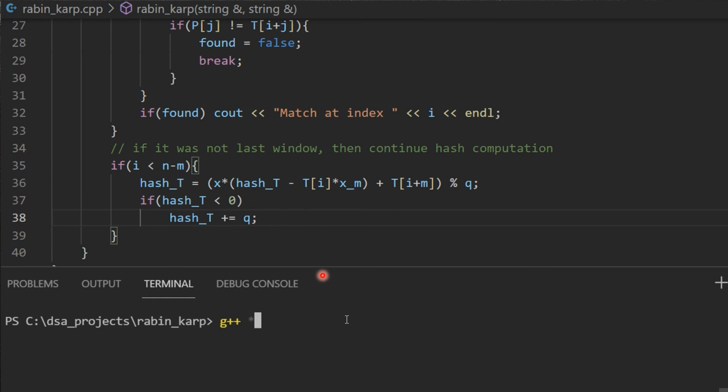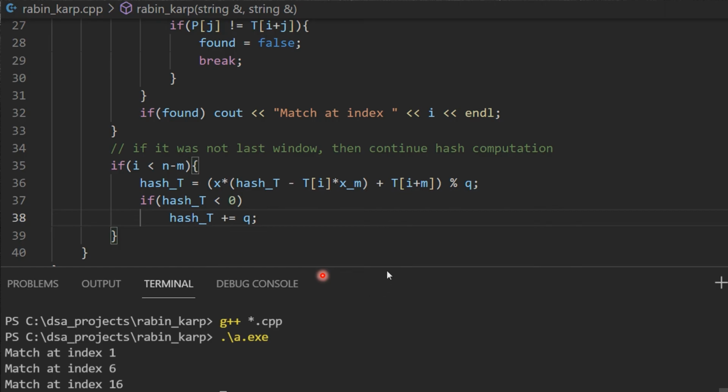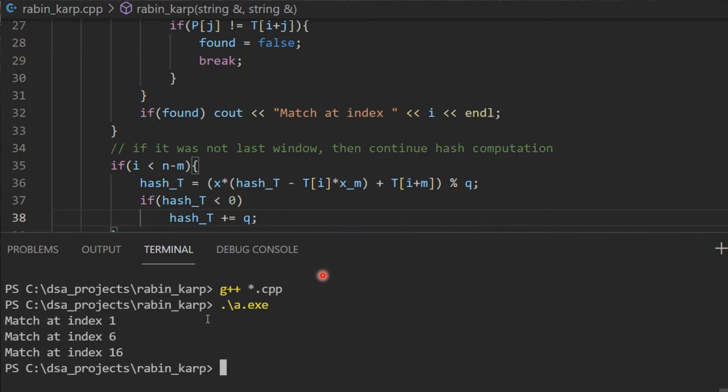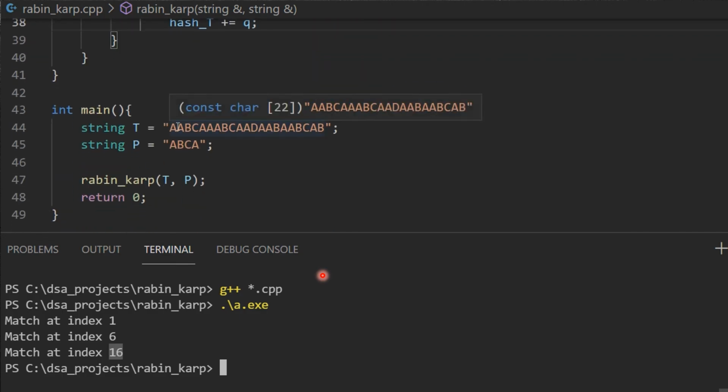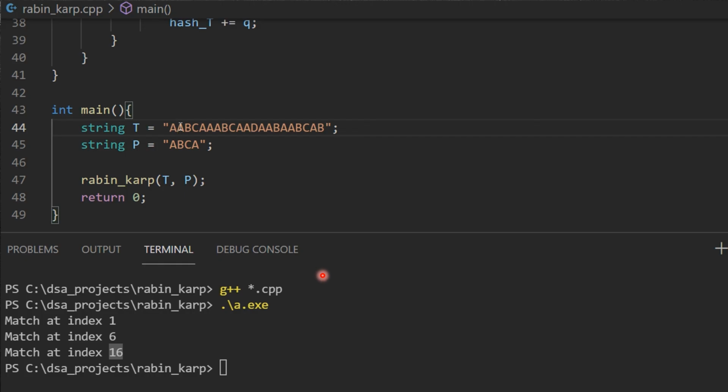So let's compile this now, and let's run this. And it found 3 matches at index 1, that is the second character, 6, that is the 7th character, and 16, that is the 17th character. And you see in this, at the starting second character, there is a match.